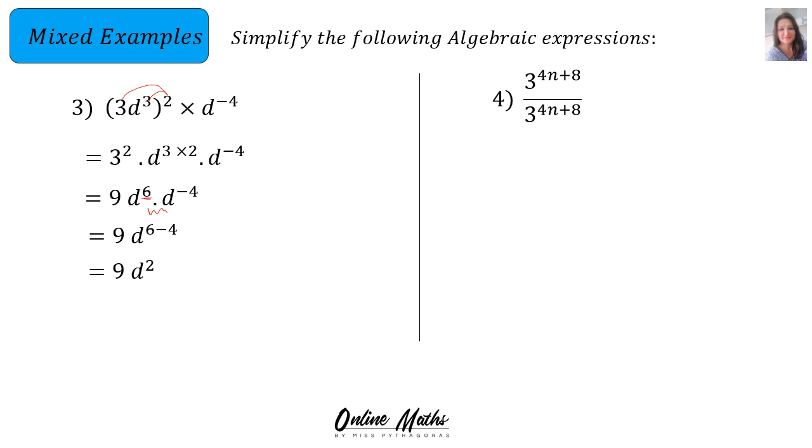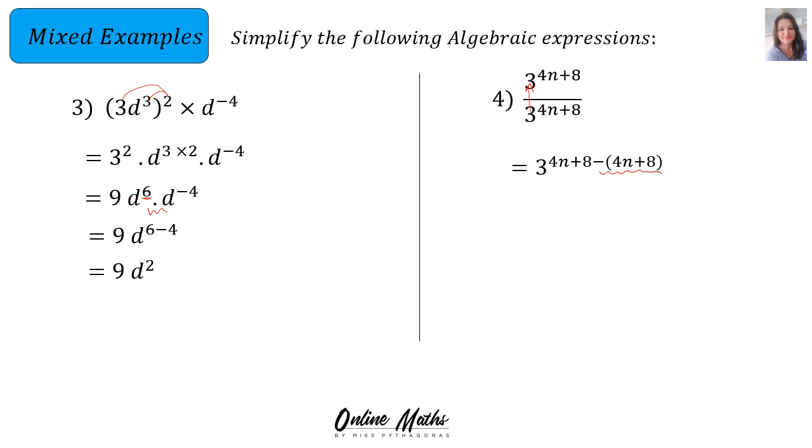Example 4. Again, what you will do on this one, it's division, so we will subtract exponents. That means this 3 will go and stand on top, and 4n plus 8 will ride with it, and then you put a minus and, very important, a bracket and whatever you found under the line as the exponent, 4n plus 8.